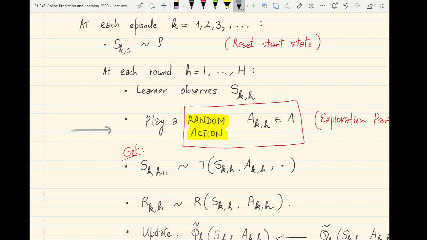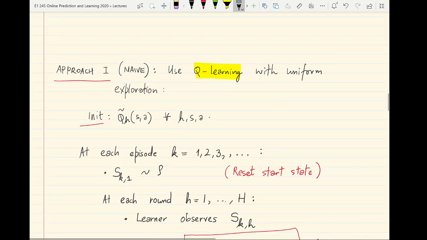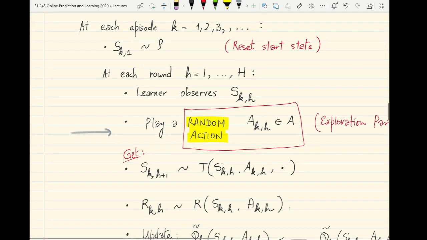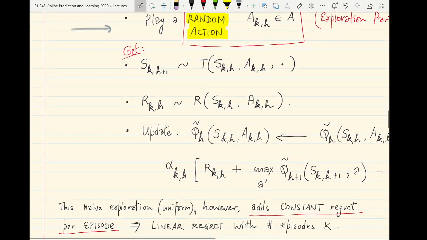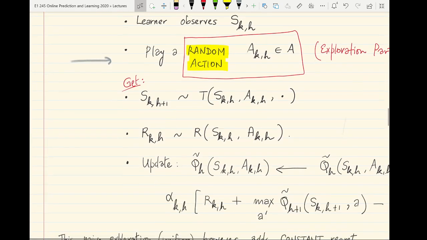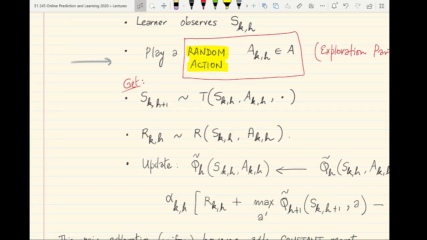Here the naive approach essentially says just play a random action A_kh. So at any time within any episode, just play a uniformly random action, and the MDP responds to this random action with the next state and the next reward.